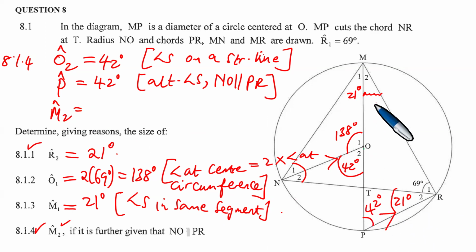The angle M2 is the only remaining angle in the triangle MPR.